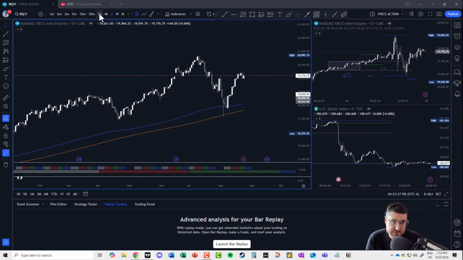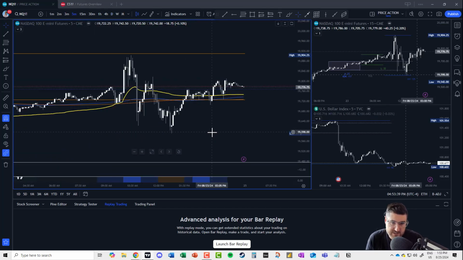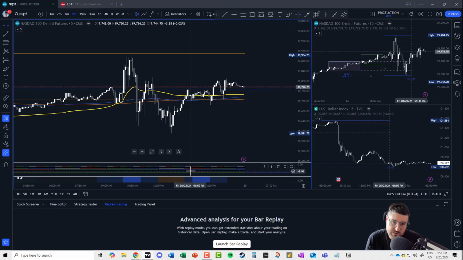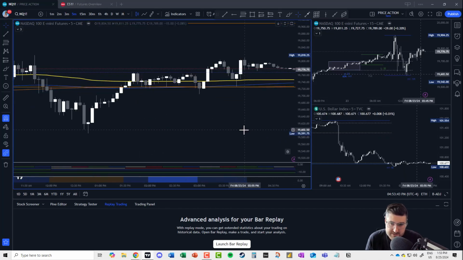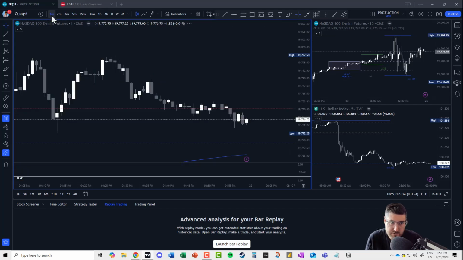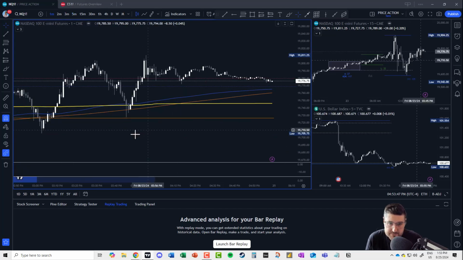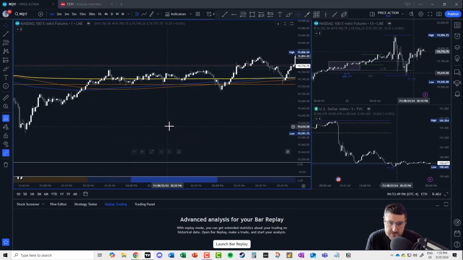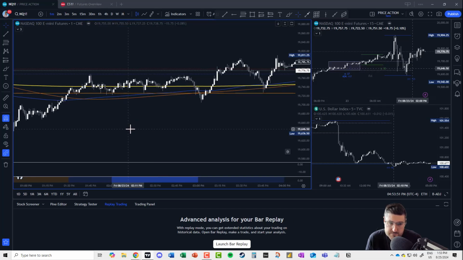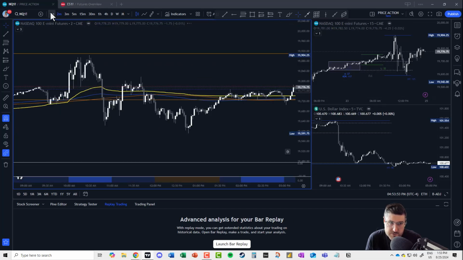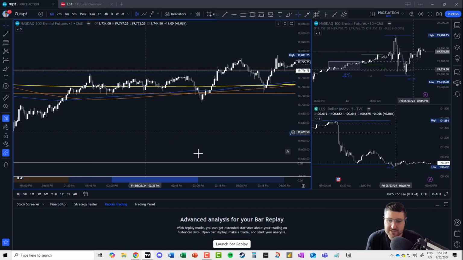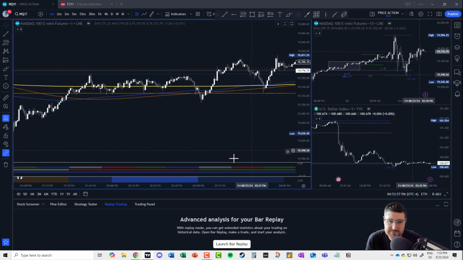As you zoom in on time, you start getting lower time frame ones, which sometimes load and sometimes don't. So if we go to the 1 minute, of course, right when I changed it, it loads.